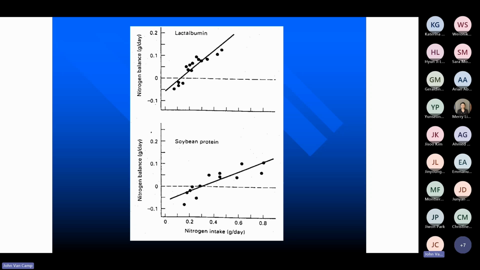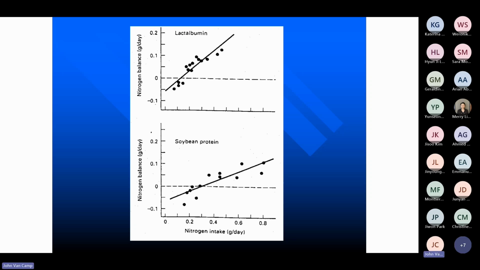If you then start feeding the animal, then you go from the left to the right on the curve. The animals will take up more protein. And then you see that the balance is slightly moving upwards until it reaches the value of 0. And you can see here that the amount of nitrogen, or the amount of protein, that you have to take in to reach nitrogen balance equal to 0 is smaller for lactalbumin than for soybean.